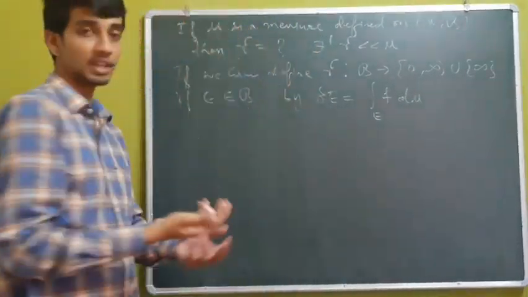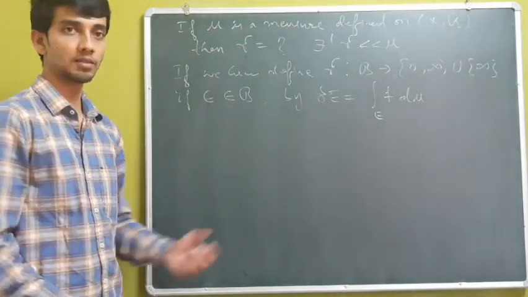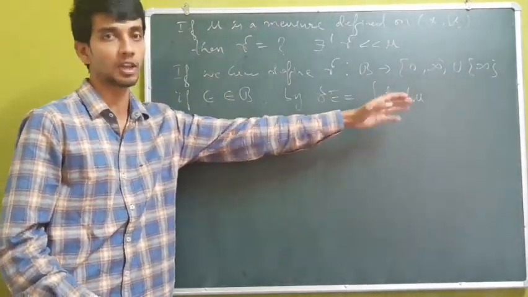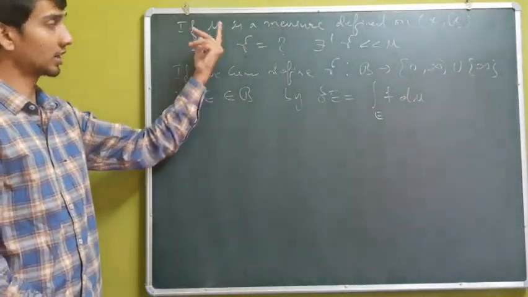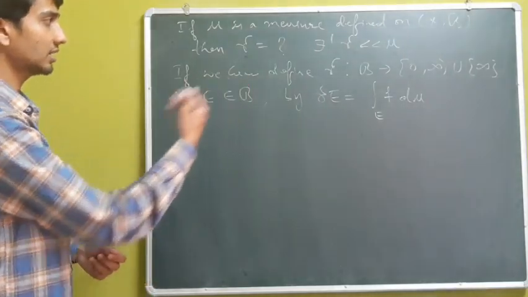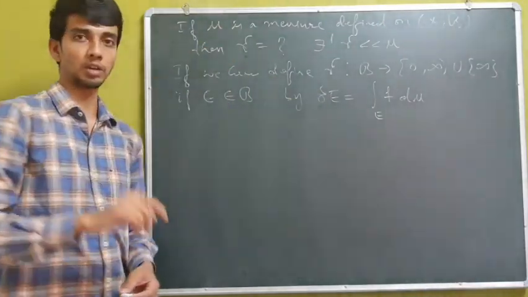So we already have a defined measure mu on (X, B), and we are defining gamma of E to be the integral of f over E with respect to the already known measure mu. Having this, we will show that gamma is absolutely continuous with respect to mu.